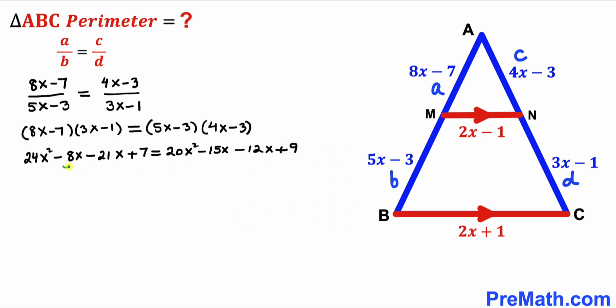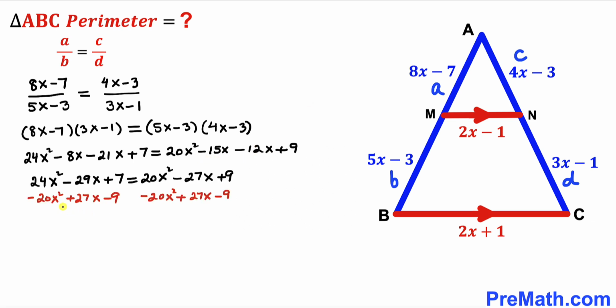Now we are going to combine the like terms on both sides, and then subtract 20x squared, 27x and 9 from both sides. On the left-hand side that gives us 4x squared minus 2x minus 2 equals, this cancels out with this one, this is gone with this one, and likewise this cancels out with this one, so we end up with 0 on the right-hand side.